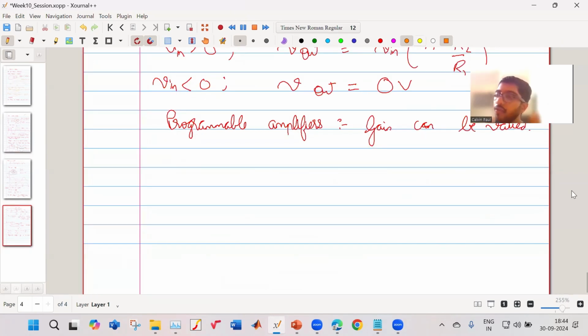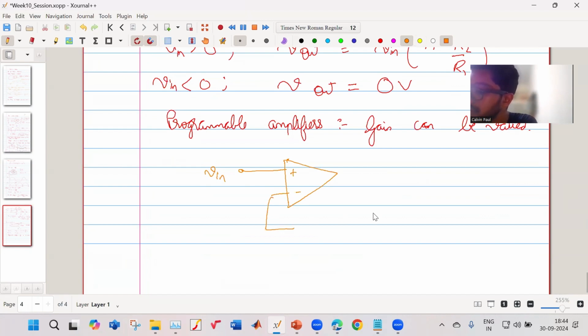Okay. So we want a gain that can be changed. So what do we do in that case? This is my amplifier. This is my V in plus minus. So this is R2 and this is R1. So instead of just using one R1, we will use multiple R1s.